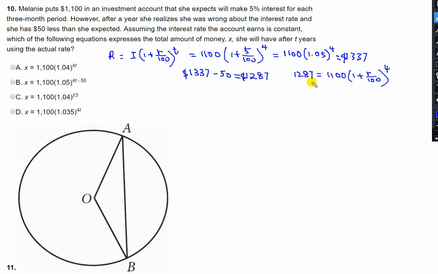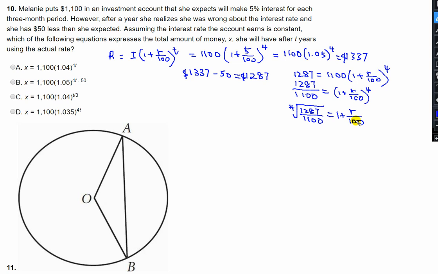Now what we're going to do is 1287 divided by 1100 equals 1 plus r over 100 to the power of 4. So I'm going to move this 4 over here, it becomes the fourth root of 1287 divided by 1100 equals 1 plus r over 100.